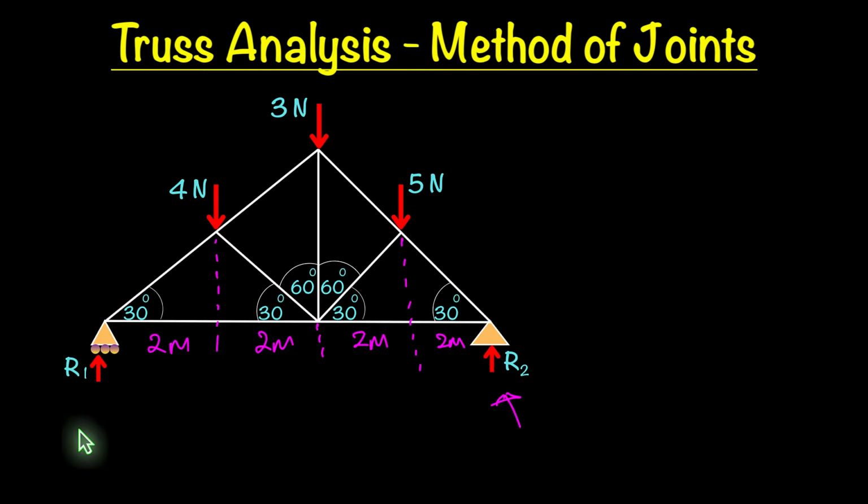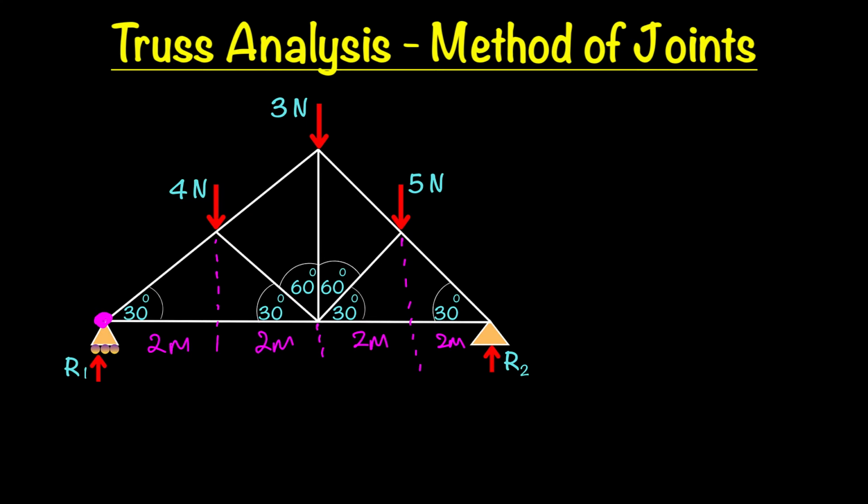Now, to begin with, we first need to identify the distances that we have from our pivot point. So let's establish that we're going to take the moment about R1 right there. The first force that we're going to look at is the 4 newtons there.